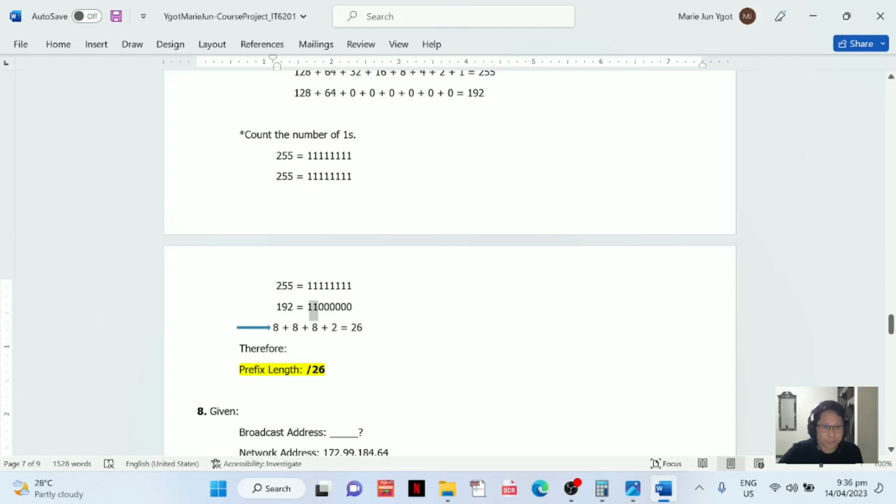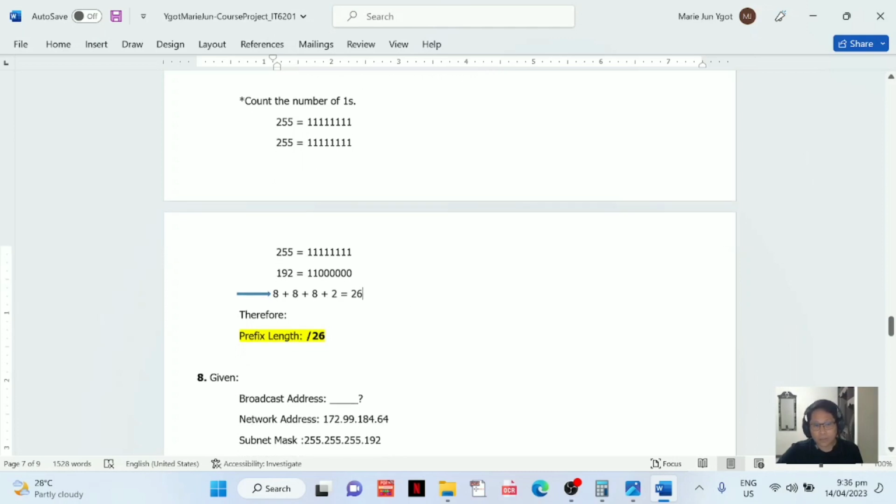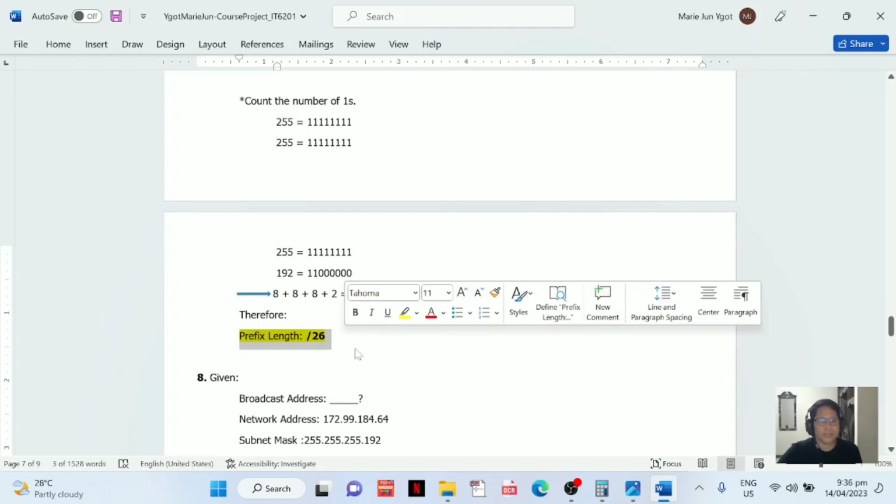So all in all, 8 plus 8 plus 8 plus 2 is 26. 8 plus 8 is 16, plus 8 is 24. 24 plus 2 is 26. So therefore, our prefix length is 26. So our final answer is 26.